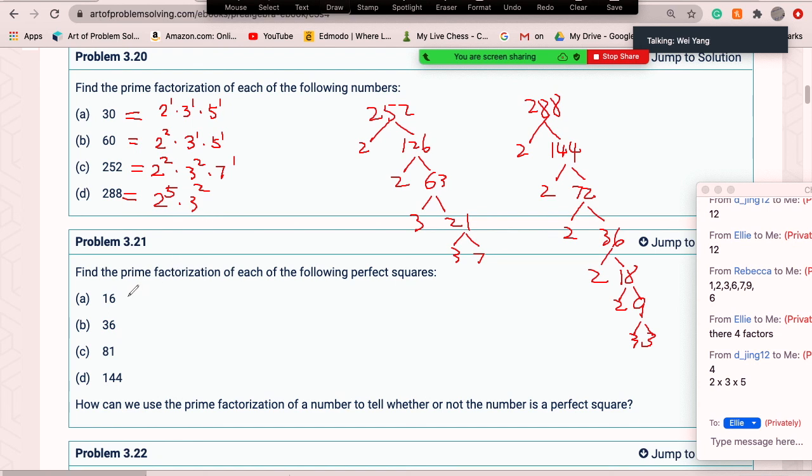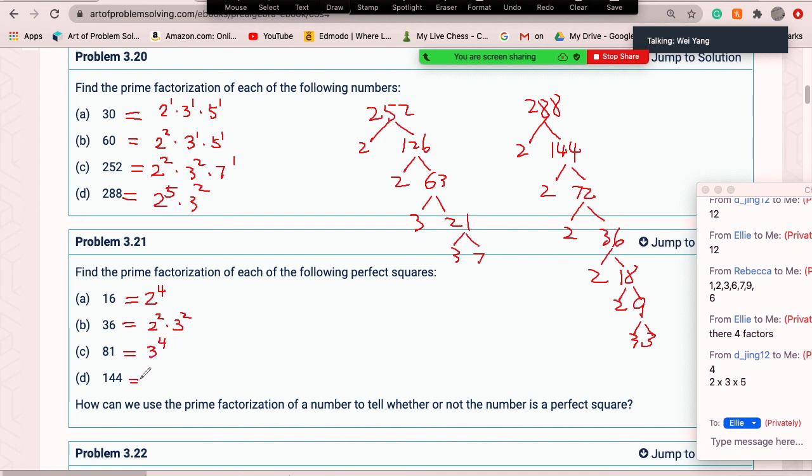Find the prime factorization of each of the following perfect squares. So this one equals what? This one, that's 2 power 4, right? This one equals 2 power 2 times 3 power 2. That's 4 times 9. Yeah, this one equals 3 power 4.